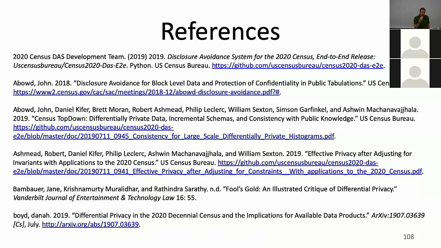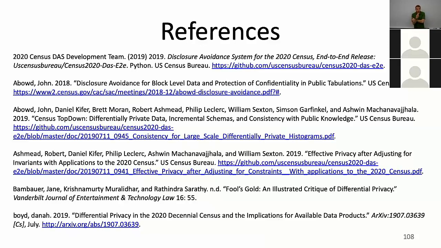The final one on this slide by Dana Boyd was just published in July, I think, and she tries to, similar to what I've done, step back a little bit and look at this from a more policy and user perspective: who knows about this, how is Census engaging, and where are things breaking down in that communication strategy. It's a very approachable paper.